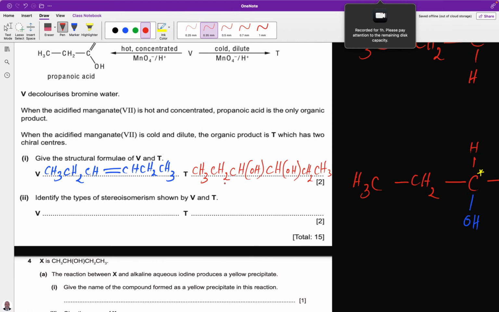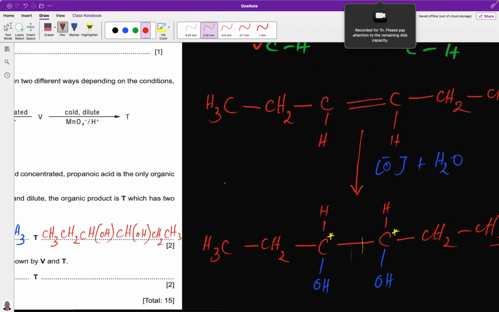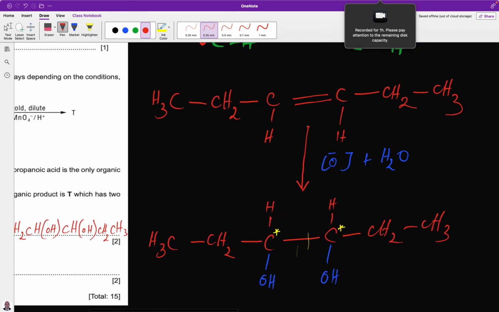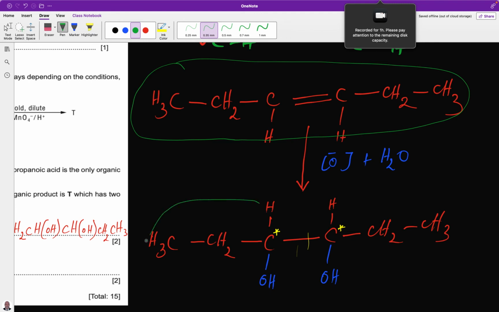Identify the types of isomerism shown by V and T. Okay, initially this is V, as you are seeing, and this is T. There are two types of isomerism.